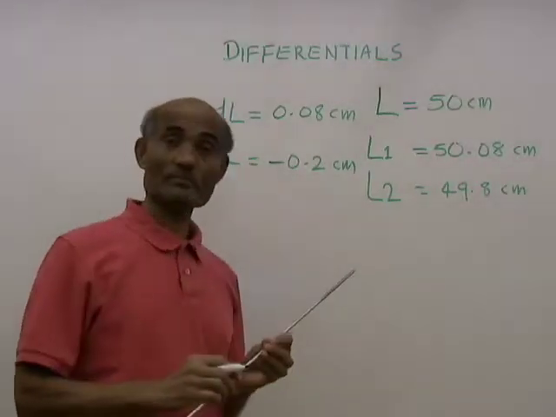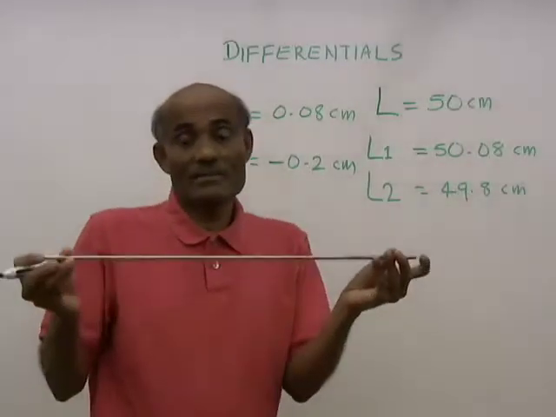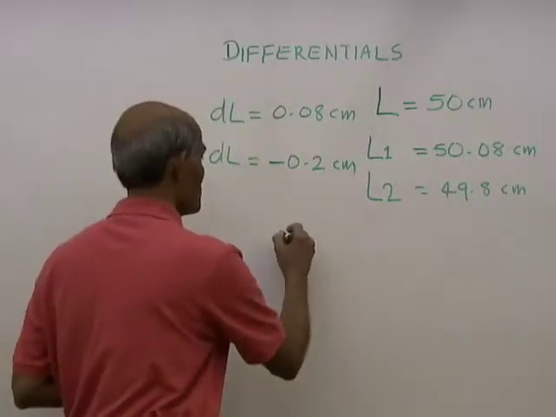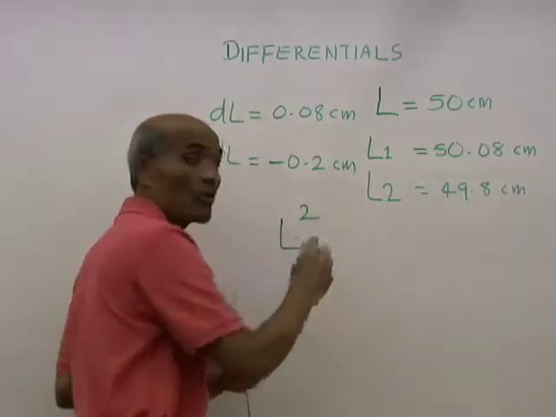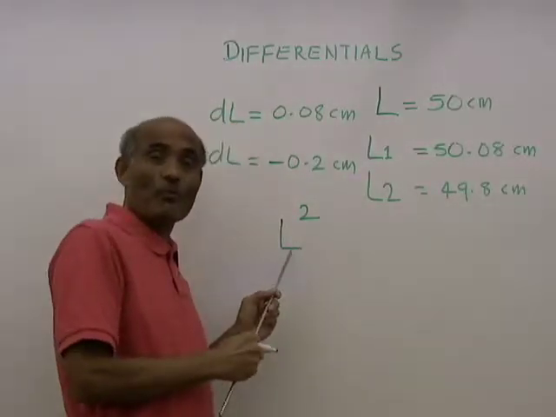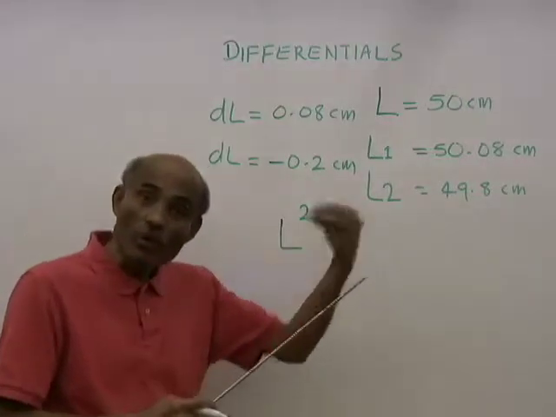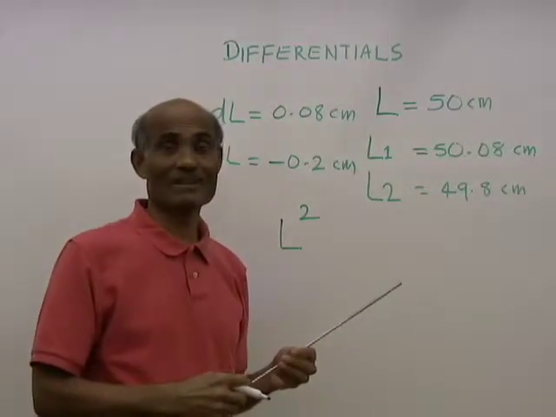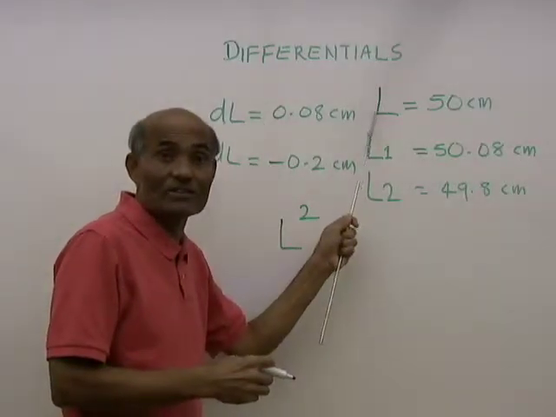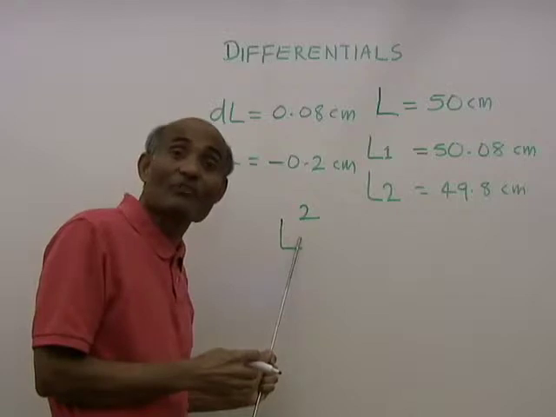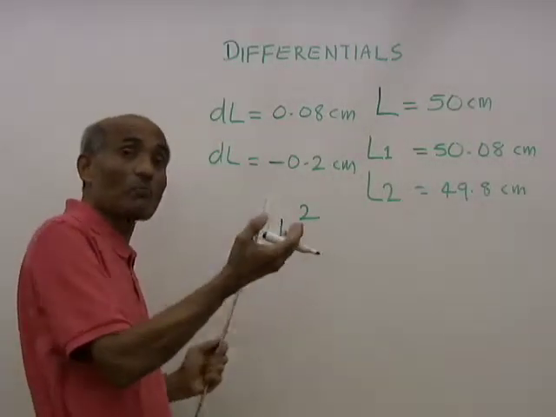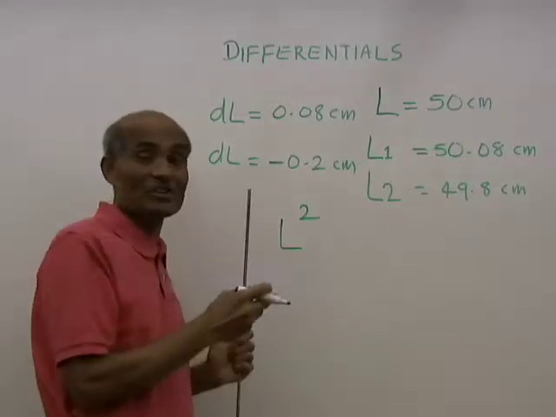Now, suppose in a particular lab activity, I want the student to use the value of L squared. After they measure the length L, I want them to use L squared to calculate something. Now that means if you make an error in measuring the length, when you calculate L squared, that error is carried on, or it is propagated into this calculation.